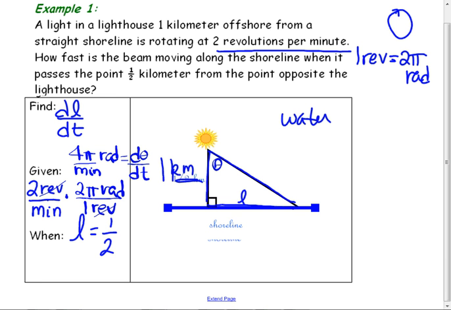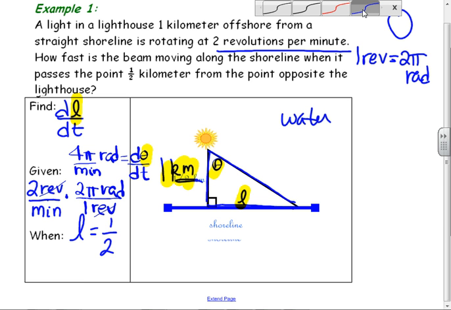I wanted to keep the radians there so you realize that's the change in the angle. And like I said before, this is what helps me figure out what relationship I need. That's why they're called related rates. I have to relate these two rates. I need a relationship between this length and that angle, and this is all I know. I'm not going to use Pythagorean's theorem because it has no angles in it.